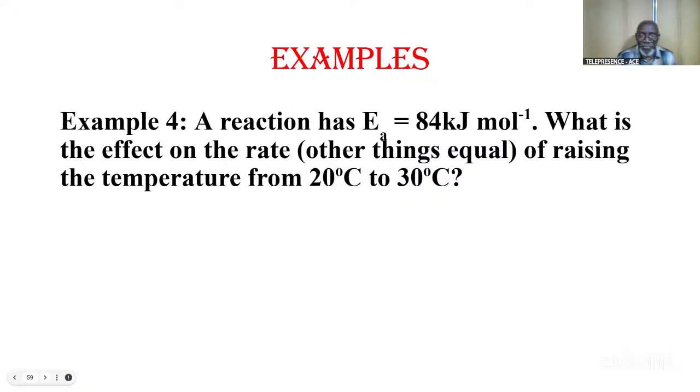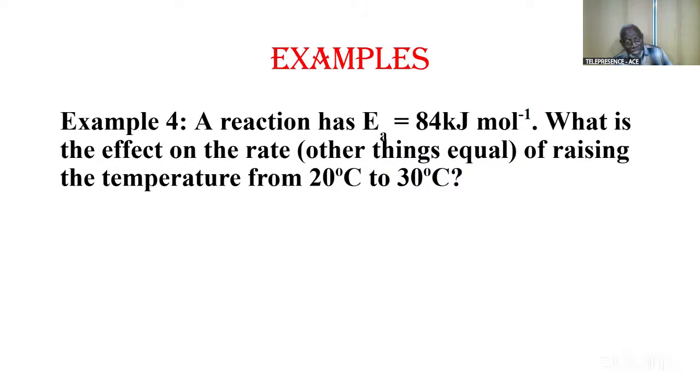Now let's look at the first example. The first example says a reaction has EA, that's the activation energy, of 84 kilojoules per mole. What is the effect on the rate, all other things equal, of raising the temperature from 20 degrees to 30 degrees?